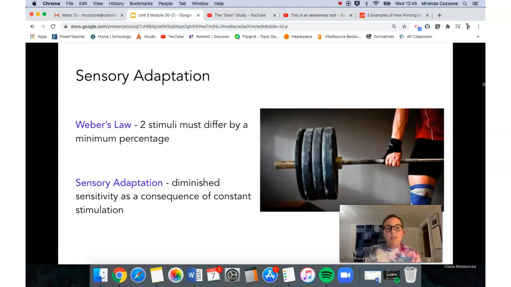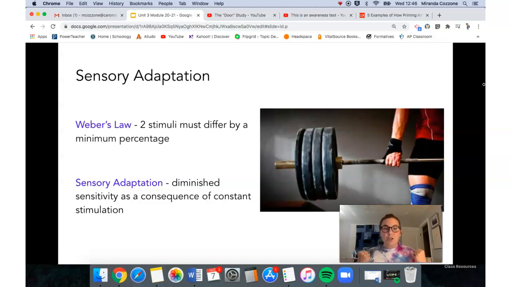So I put the picture here of this guy lifting weights, right? And so let's say this guy is deadlifting 250 pounds. I don't know, I don't even know what a normal amount to deadlift is, okay? Would he feel it if you added 2 more pounds to his barbell? Probably not, okay? But let's say somebody had 1 pound dumbbells, okay?